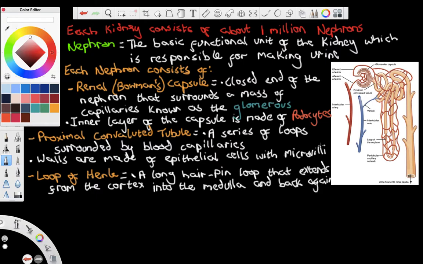Now, the loop of Henle is surrounded by capillaries.